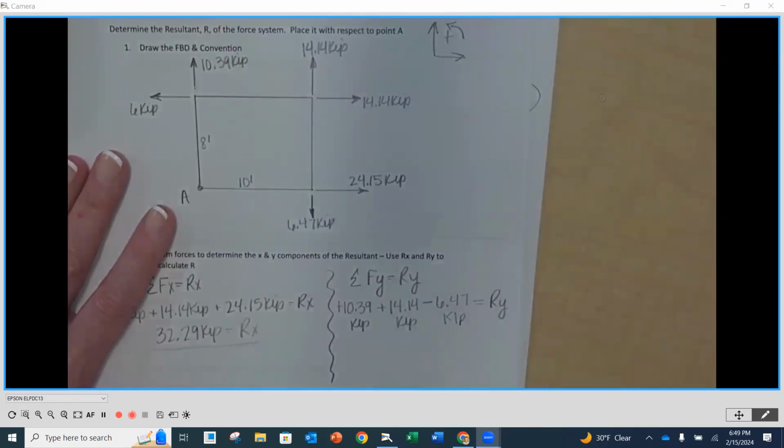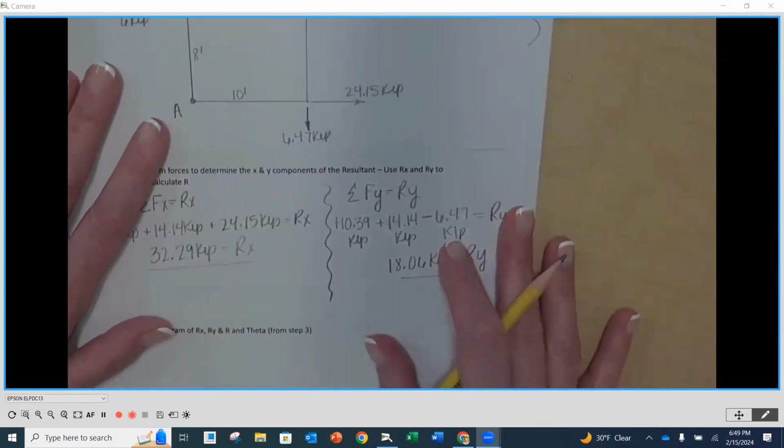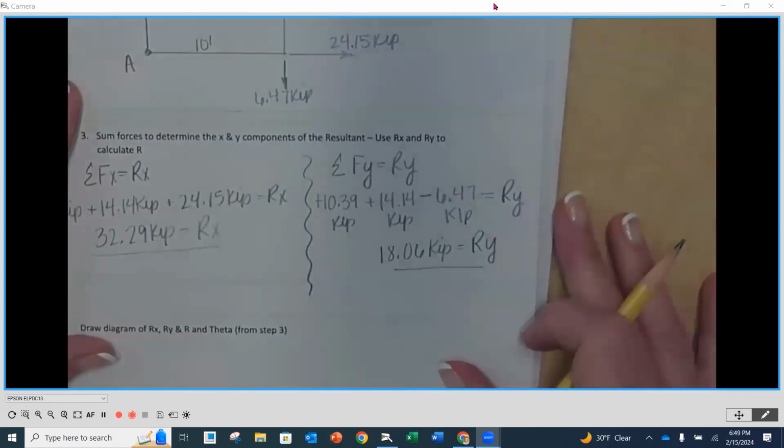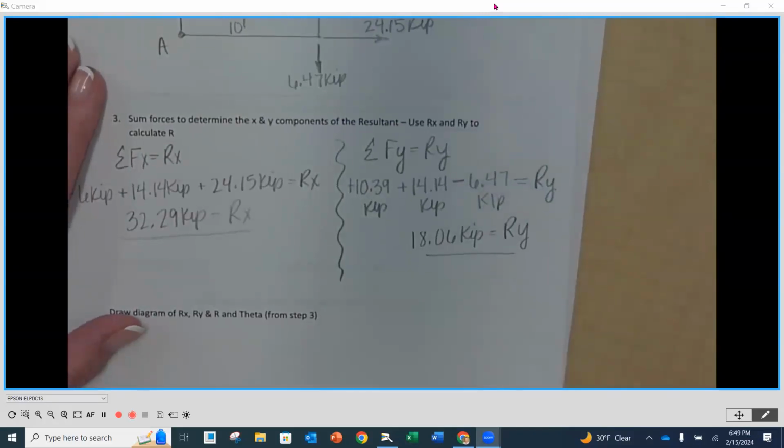Our number here is 18.06 kips and it's positive. Yep, Ry. Just confirming that we all have the same numbers here.